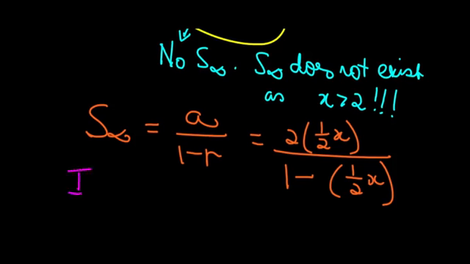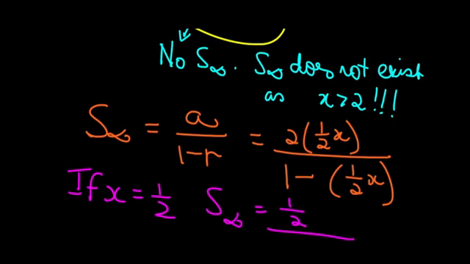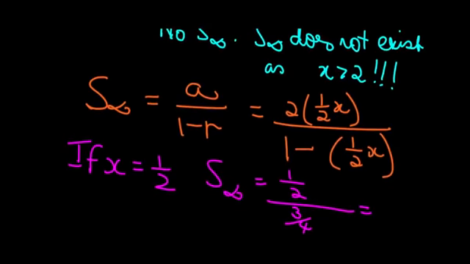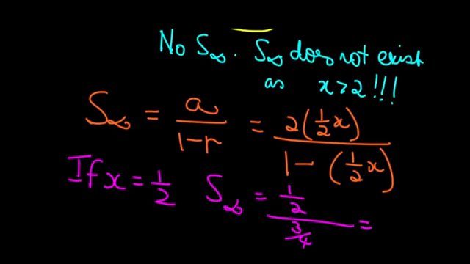So if x equals a half, then a is 2 times a quarter... a half of 2 is 1, times another half would be a half, and the ratio is a half of a half, which is a quarter. So that would be 1 minus a quarter, which is 3/4, and so our sum to infinity would equal a half times 4 over 3, so that would be 2 over 3.